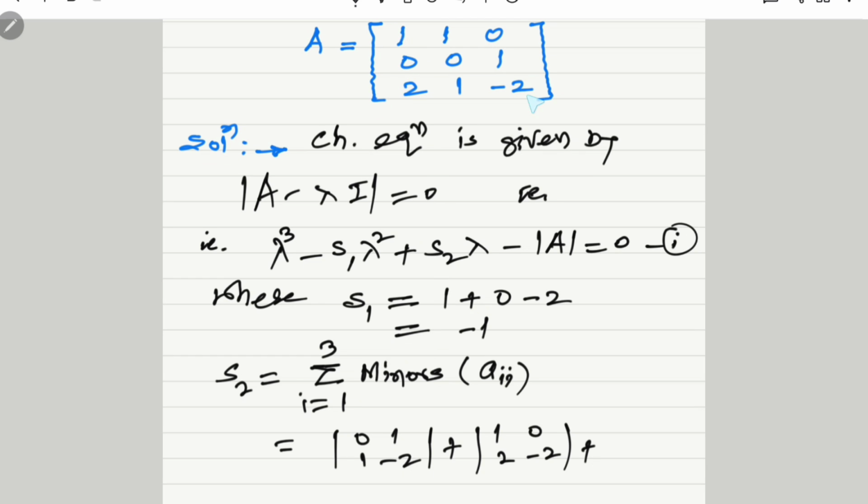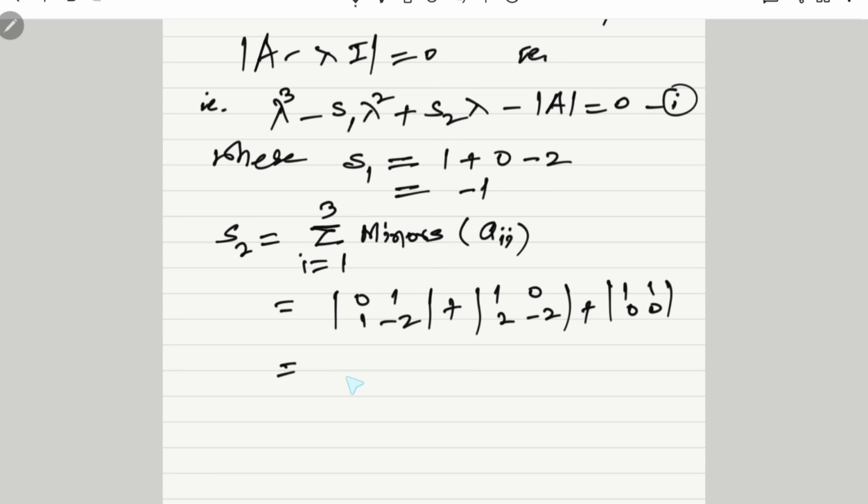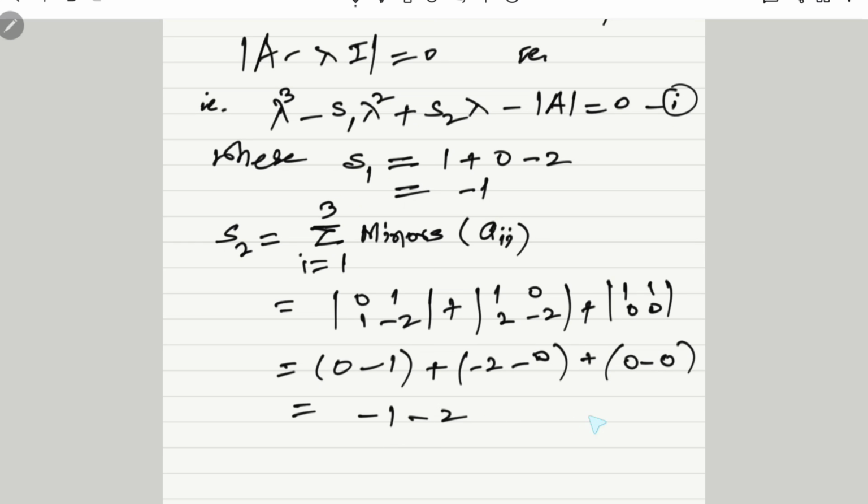Then the minor of the third diagonal element, minus 2, neglecting third row and third column, determinant of 1, 1, 0, 0. Finding the value: this one is 0 minus 1, minus 2 minus 0, and 0 minus 0. We get that value as minus 1 and minus 2, and therefore that value is minus 3.